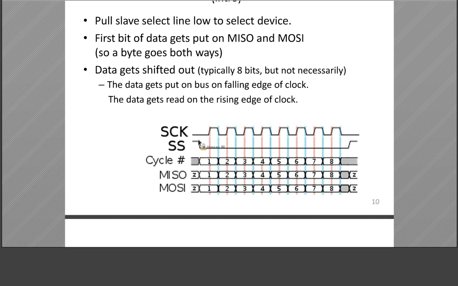Here we see, for example, after the slave select, the master puts the first bit over the line, and on the rising edge the slave gets the data. On the falling edge the master puts the data, on the rising edge the slave gets the data, etc. That's right.